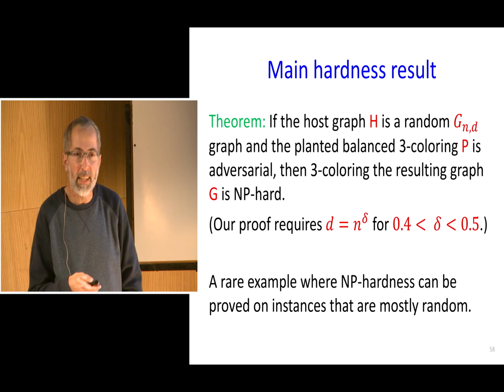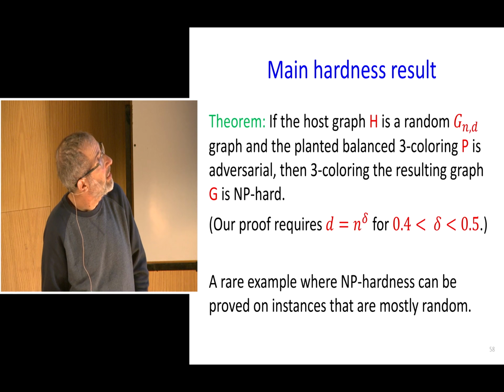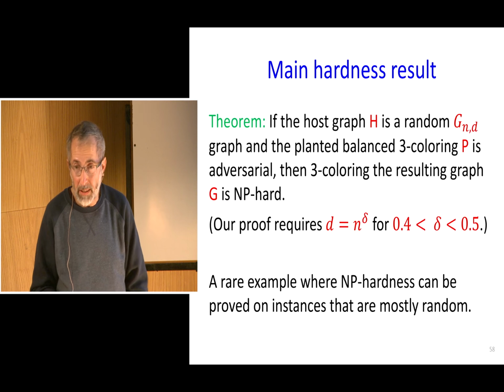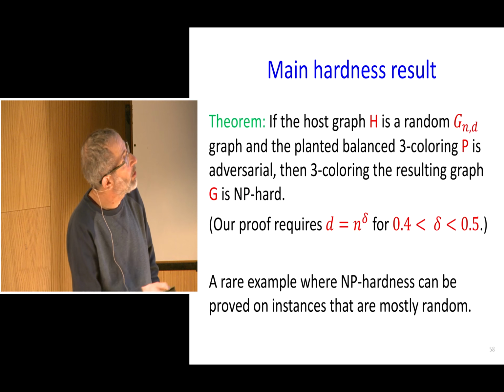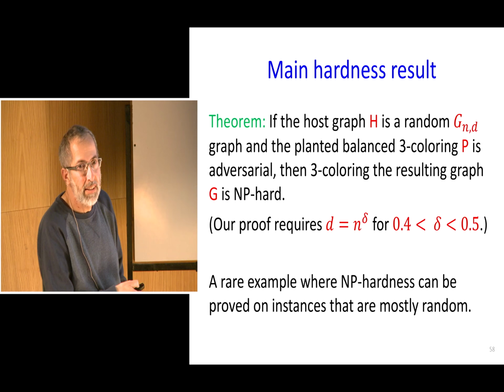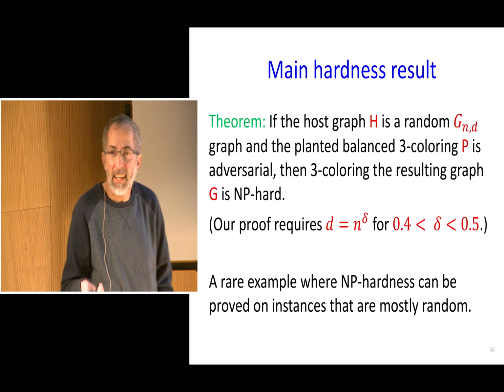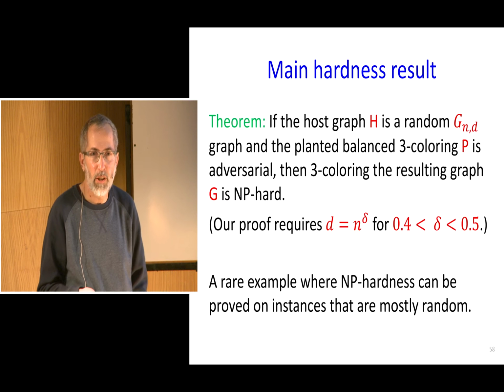And in fact, in some cases, it's not a random graph. For example, if the degree is too large, maybe let me go back to the picture. If the degree is too large, one property that we needed here is that vertices here and vertices here don't have common neighbors here. This is part of what our reduction does. If they do have common neighbors here, the reduction breaks down. And if the degree is larger than square root n, they will have common neighbors here.